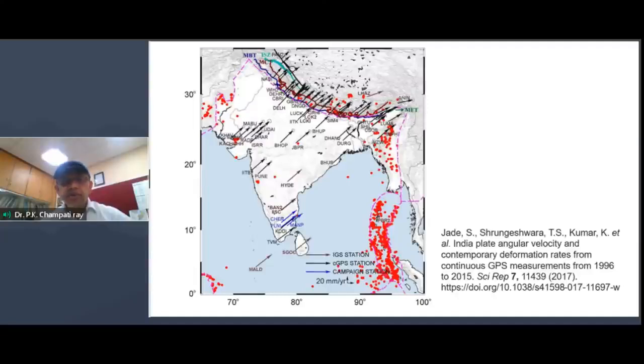So that much is the collision effect because of plate tectonics. The collision is still continuing, and the impact in the form of earthquakes and other impacts we have been experiencing even today.